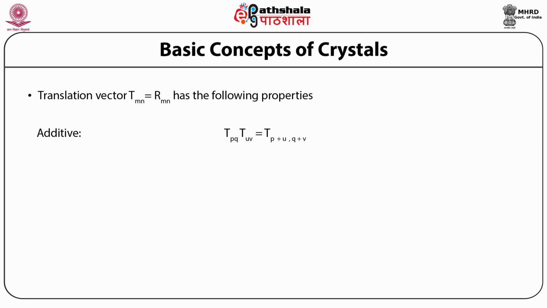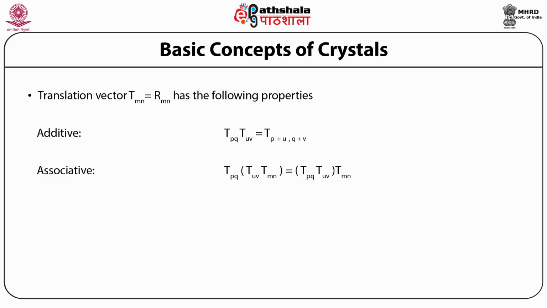And similarly you can see that the associative law is there. It means if you are performing, let us say, first the translation operation Tmn, then Tuv, and on top of that you again apply some translation Tpq, it is the same as if you first apply Tmn, and on top of that you apply the product of Tpq and Tuv.